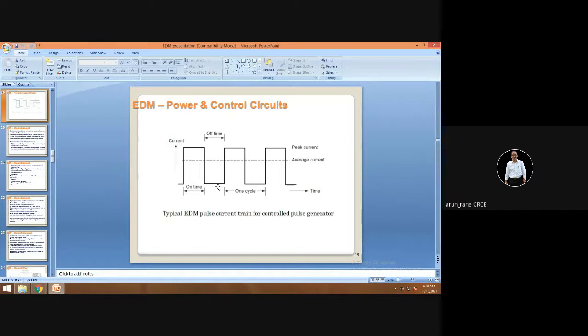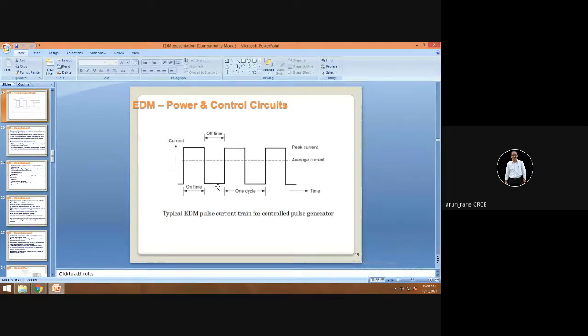There will be very less time for sludge to flush away, and machining will not happen properly. So that's why you have to adjust on time and off time properly so that machining happens healthier.